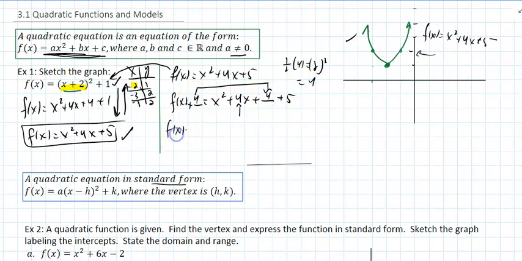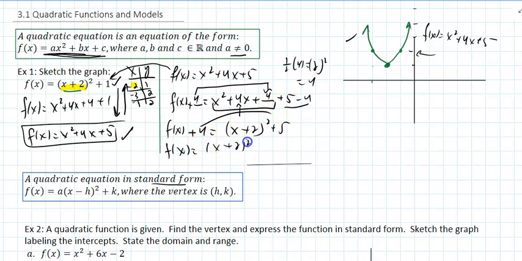So f of x plus 4 equals, this becomes a perfect square. And if you subtract the 4, of course you could have added and subtracted the 4 right there, it doesn't really matter. And we take 5 minus 4, which is a 1.